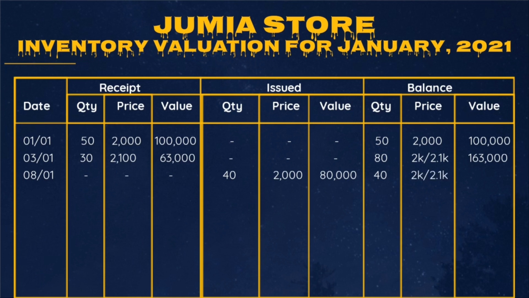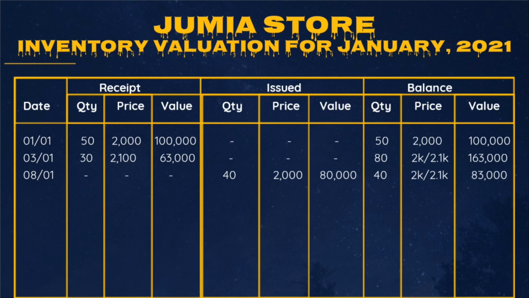Under the balance, the value we had before was 163,000, representing the total amount of inventories in the store. Now they are supplying inventory worth 80,000 naira. So 163,000 naira minus 80,000 naira gives us 83,000 naira. That is it about the inventory as at 8th of January.